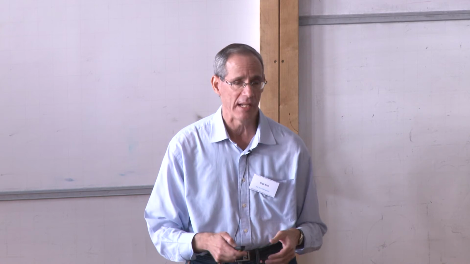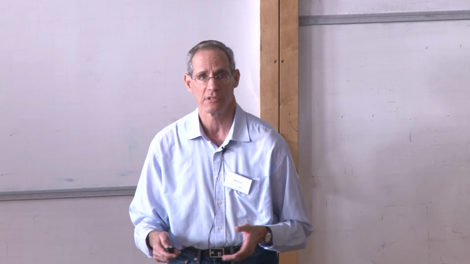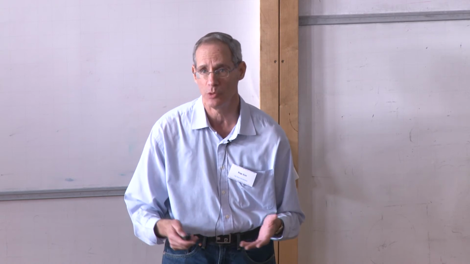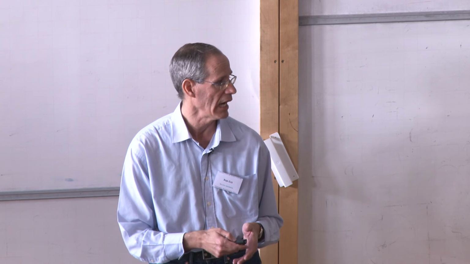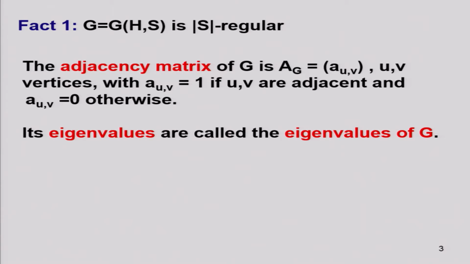The second one will have to do with the eigenvalues. So much of the lecture will deal with the spectral properties of graphs, or with their eigenvalues. And for this, we have to know what the adjacency matrix of a graph is. So when we have a graph G, the adjacency matrix is a matrix whose rows and columns are indexed by the vertices of the graph.